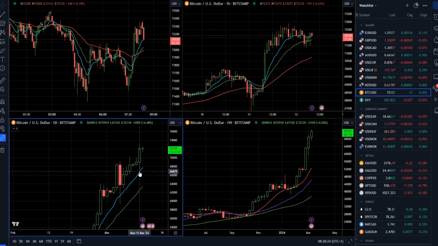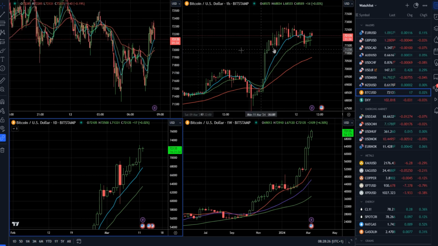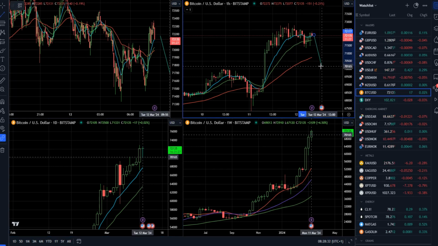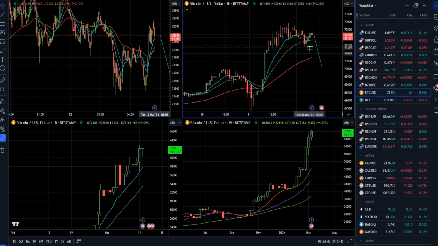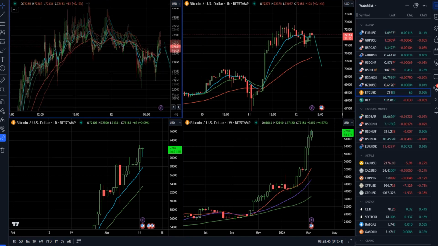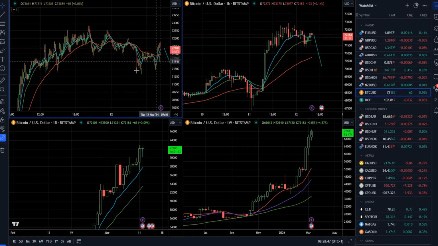The market held the rising 10-day, but so far today it's a pretty flat environment, and this can result in some pullback, maybe a reaction towards the previous swing high, like the 70,000 mark or 70,700 mark, because we had an outside day and naturally we don't have any follow through the whole day. So this can be a sign of weakness that can result in some pullback at least towards the 70,000 mark.